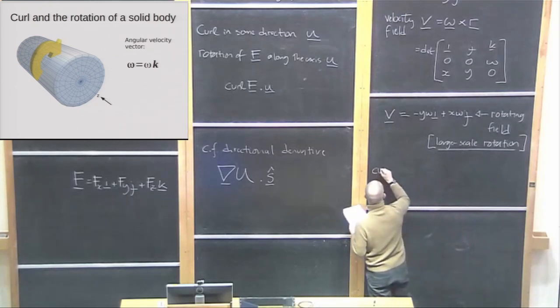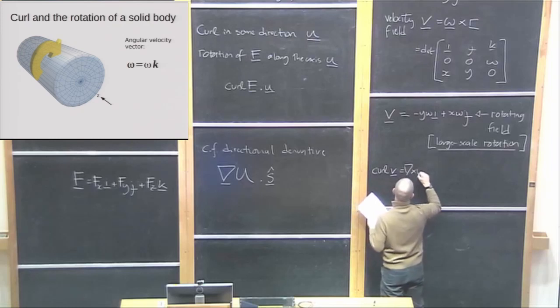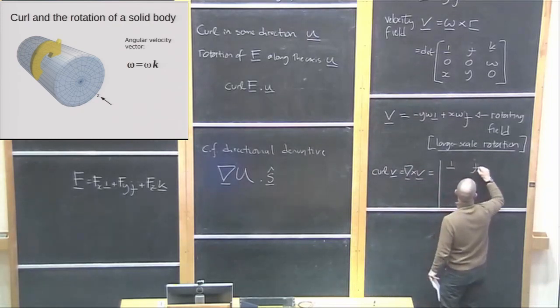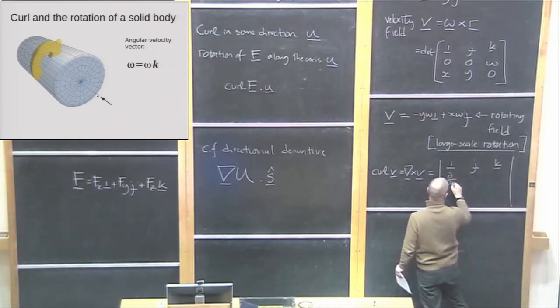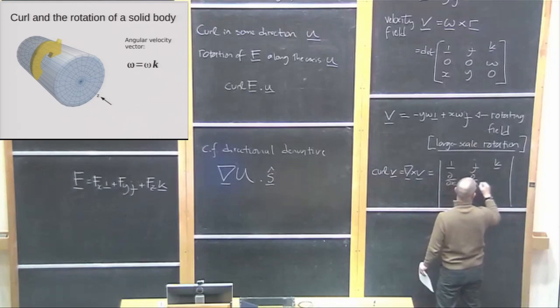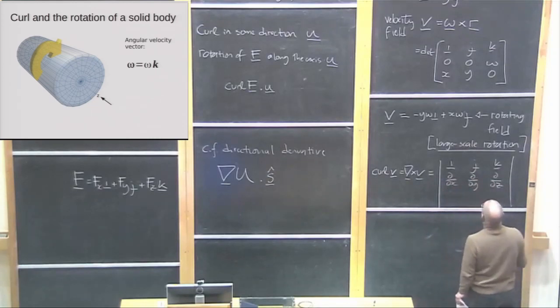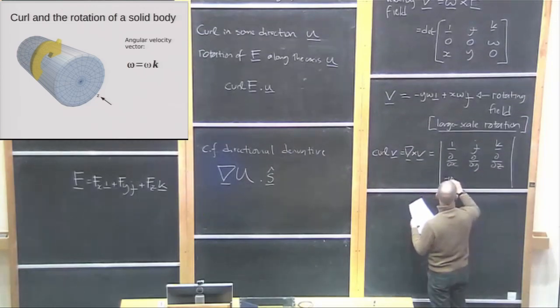So we take the curl of this field then. Now my x component is minus y omega.